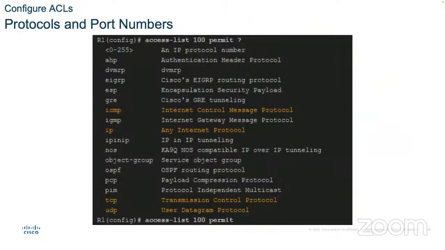The 4 highlighted protocols here in this picture are the most popular to create an access control list for. As always, you can use the question mark to get help when entering any complex access control list.